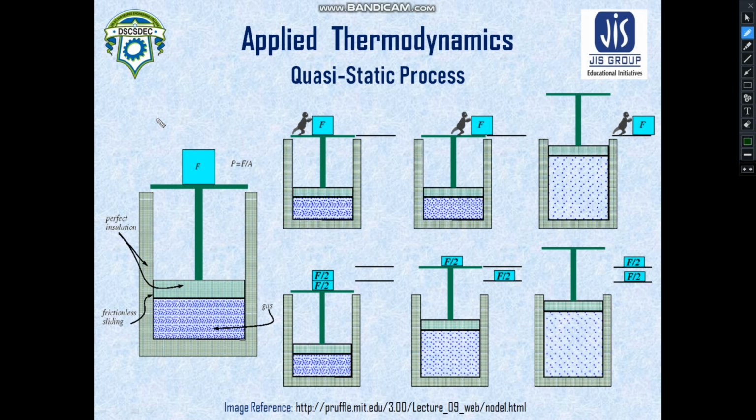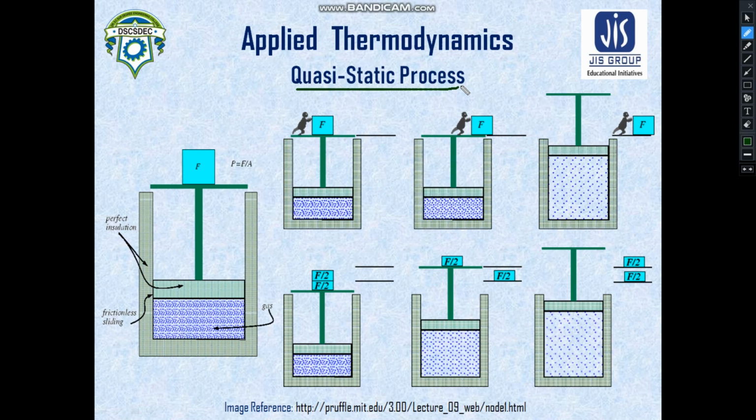I have just told you practically no system can be present in thermodynamic equilibrium, but for the sake of thermodynamic analysis, we assume two basic things. The first one is thermodynamic equilibrium, and the second one is that all thermodynamic processes take place in quasi-static mode. So this is what we refer to as quasi-static processes.